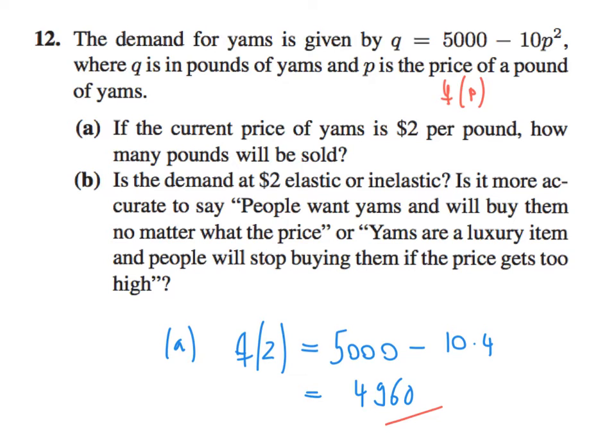So now in part B, they ask us for elasticity. Is demand elastic or inelastic? We'll come to those terms in a bit, but in order to answer this, of course, we first need to compute elasticity. Okay, so let's do this, and then we see how we go through this formula in detail.